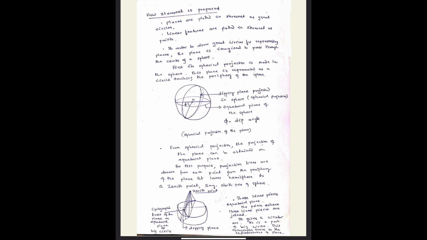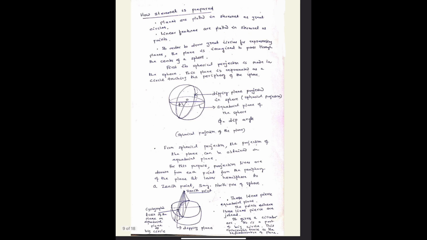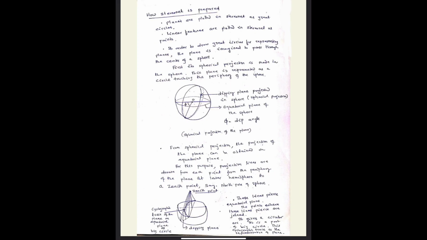One is the Wulff net, the other is the Schmidt net, or one is the equal angle net, the other is the equal area net. To represent planes, we make use of the great circles, and to represent the strike, we make use of the small circles.